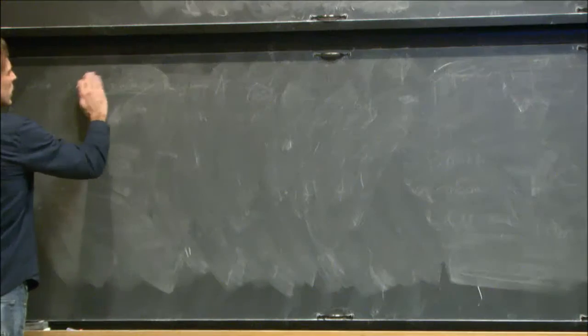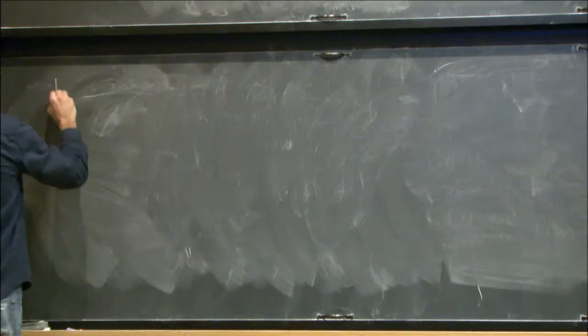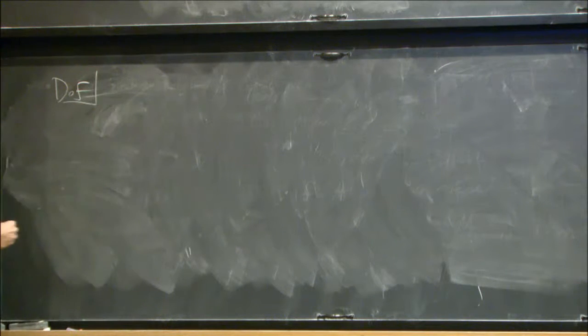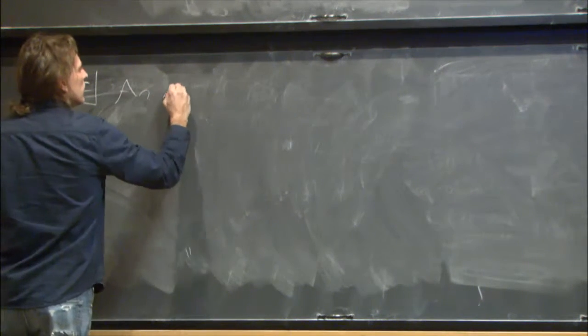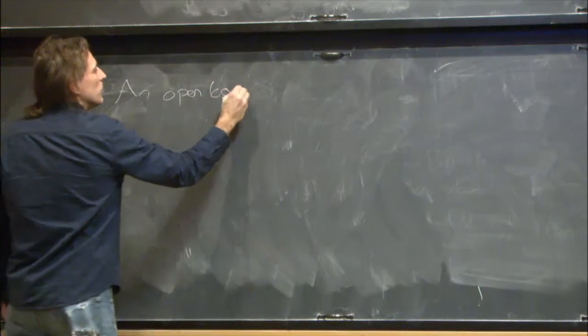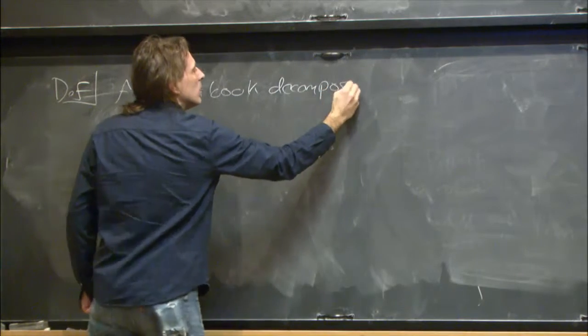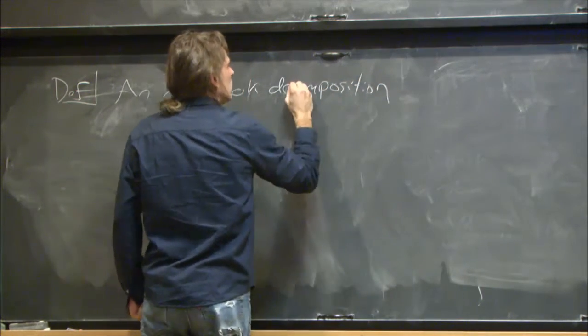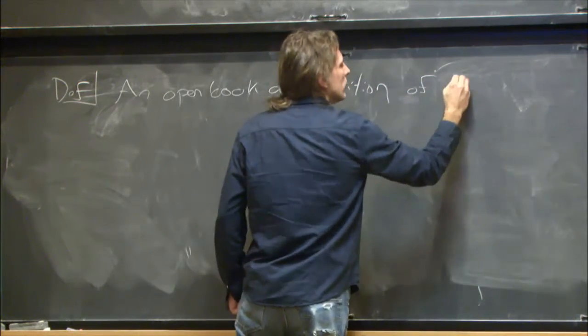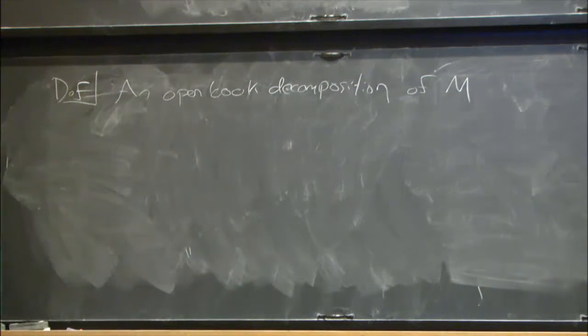And so we're using now the data of an open book decomposition to keep track of things. So let me remind you what that is. An open book decomposition of our manifold M. It's just a topological thing.